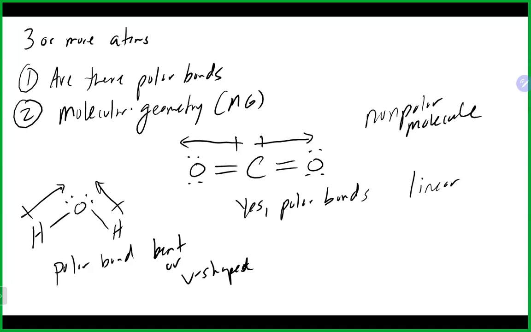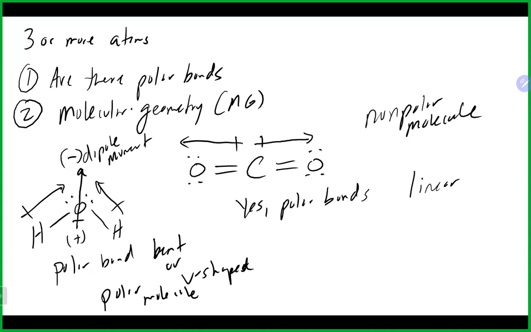And because of that, it gets what's known as a net dipole moment heading in that direction, and this is a polar molecule where the oxygen is more negative, the hydrogen part of the molecule is more positive.